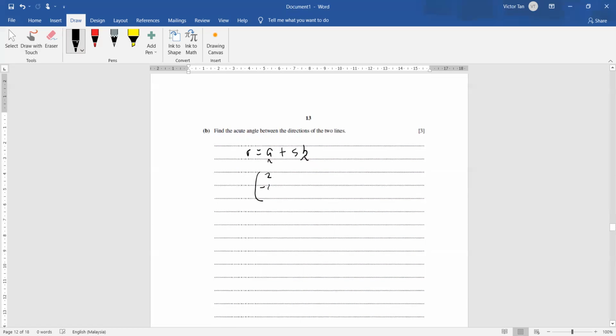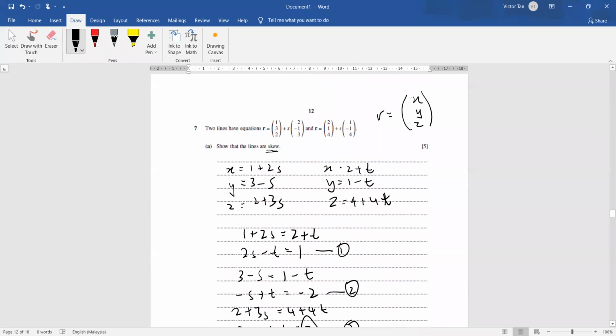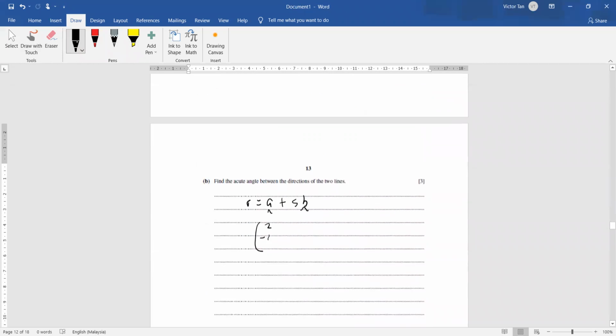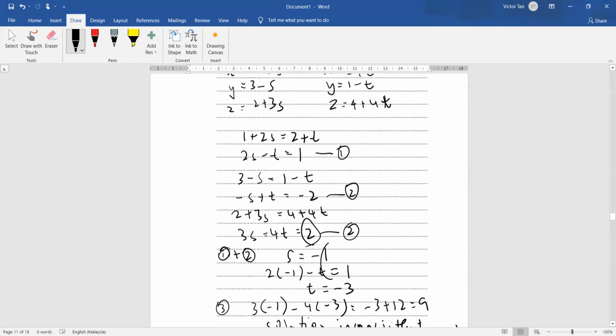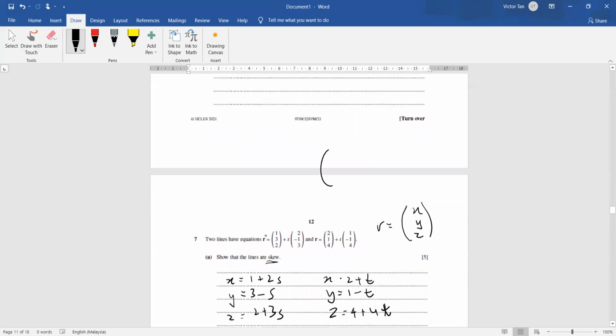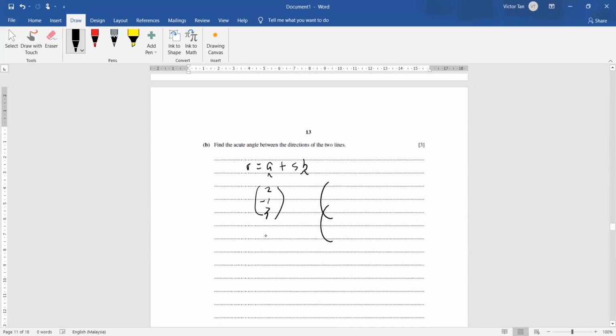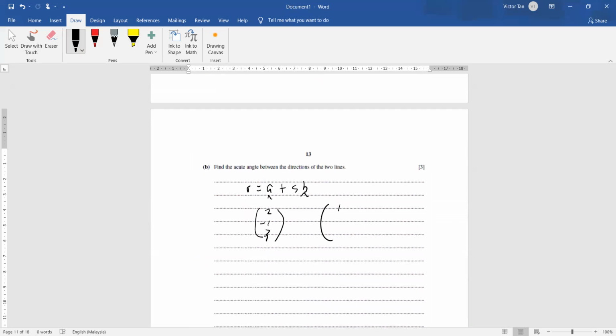The first one is (2, -1, 3). The second line is (1, -1, 4). They want the acute angle, so you do a dot product.